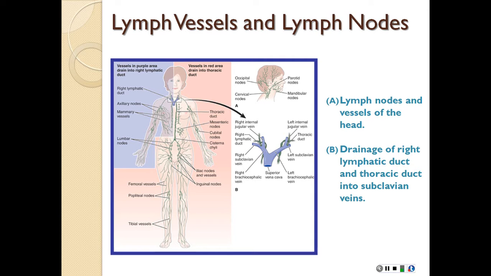Whereas the rest of the body, including both legs, the fluid from both legs will dump into the thoracic duct. And then from the thoracic duct and right lymphatic duct, all of the fluid is delivered then to the right and left subclavian vein, respectively.